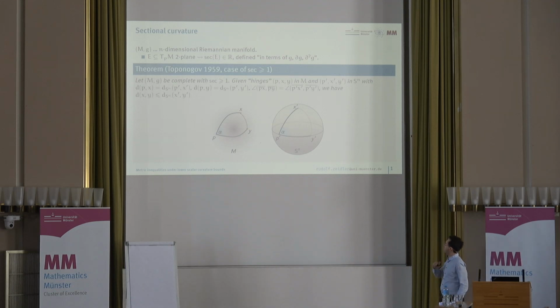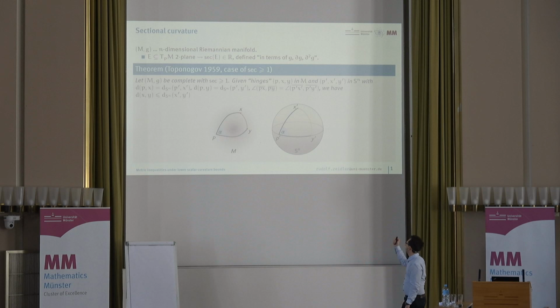I'm just stating here one particular case of this, and that will be the kind of situation that will be most relevant for me, namely a lower bound of the curvature by a positive constant, and let's normalize it to 1. In that case, Toponogov's theorem tells us that, in a sense, certain kinds of distances are small if we are in a highly curved space.